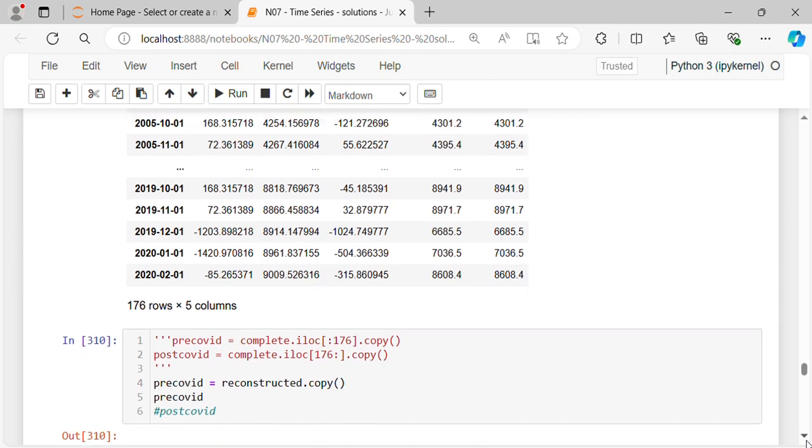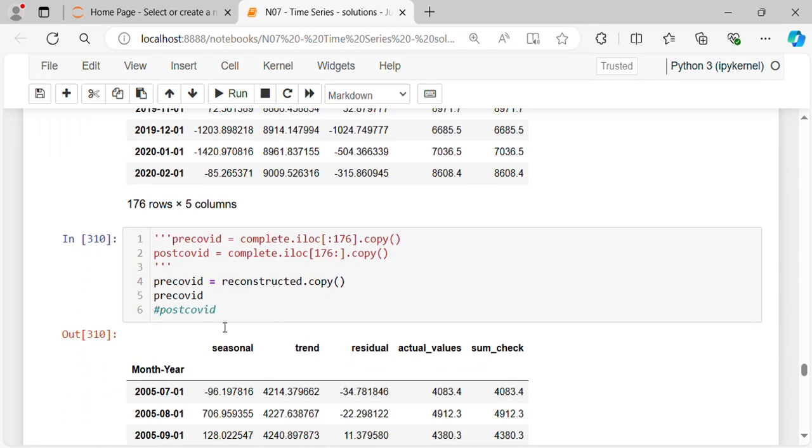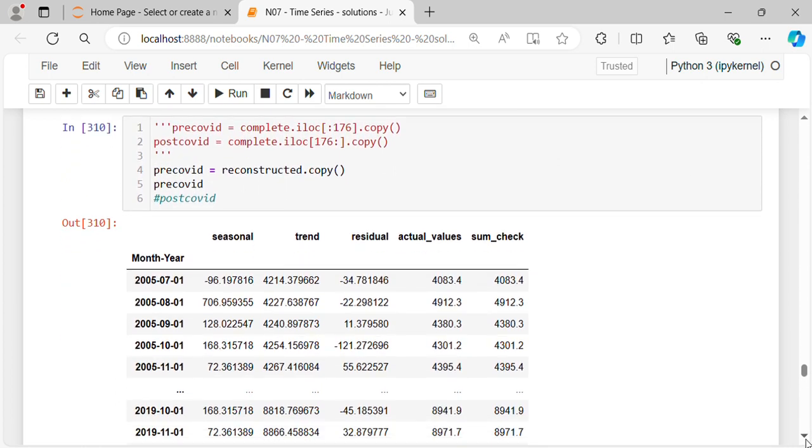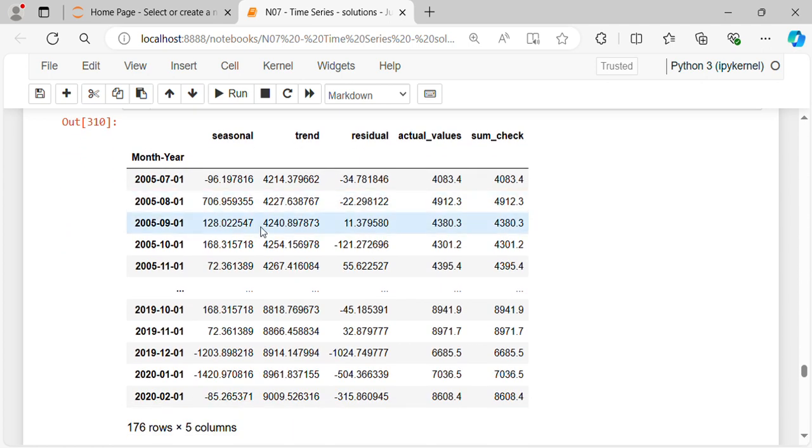So now let pre-COVID equal reconstructed.copy(). So printing the pre-COVID data, we can see that the month year starts from 1st of July 2005 and ends on 1st of February 2020.